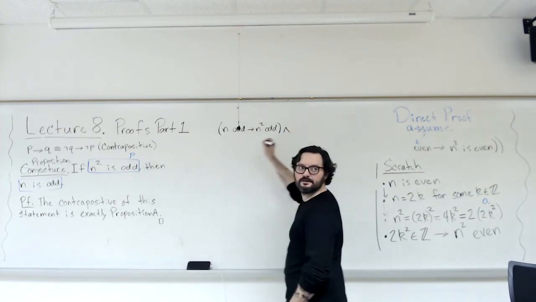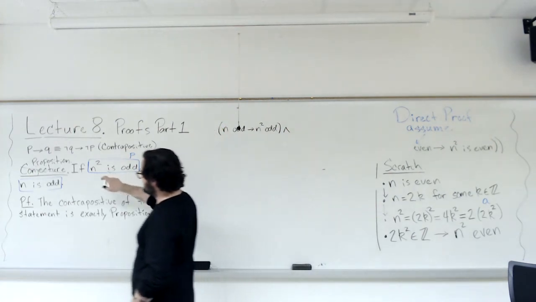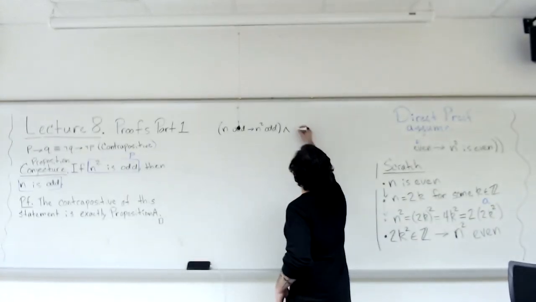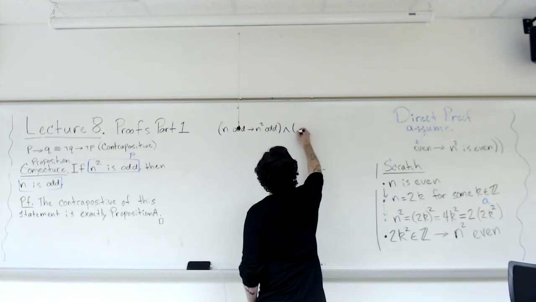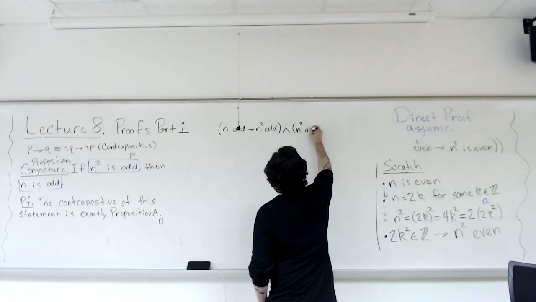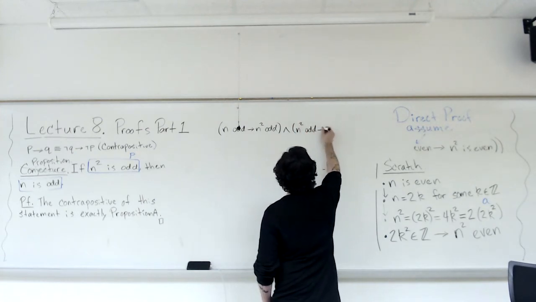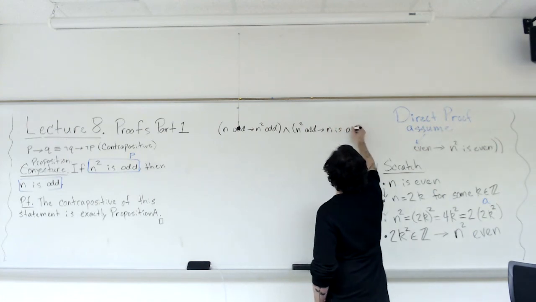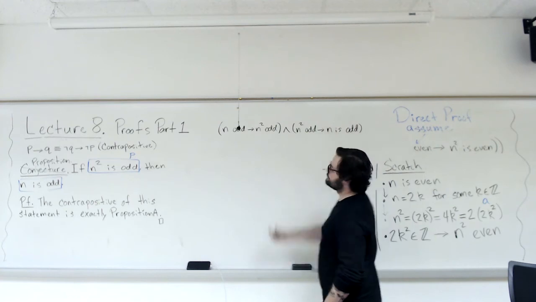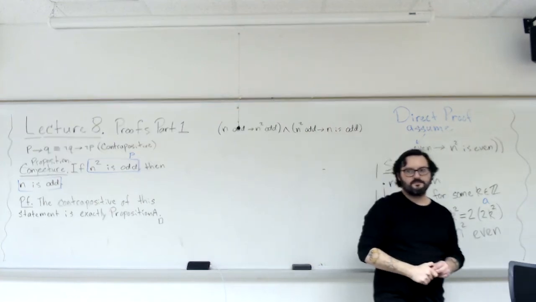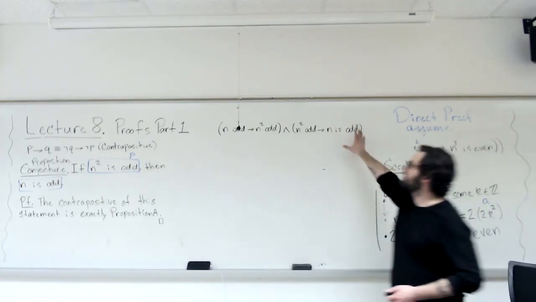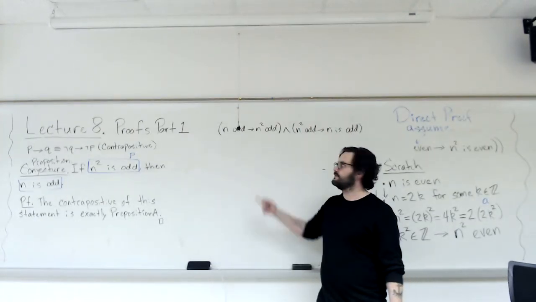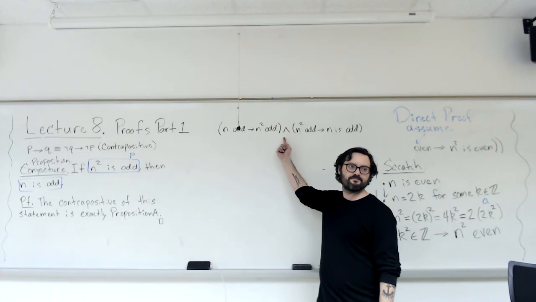And n squared odd implies n is odd is true, right? These two things, this compound proposition is true for all n, right? Notice the conjunction.